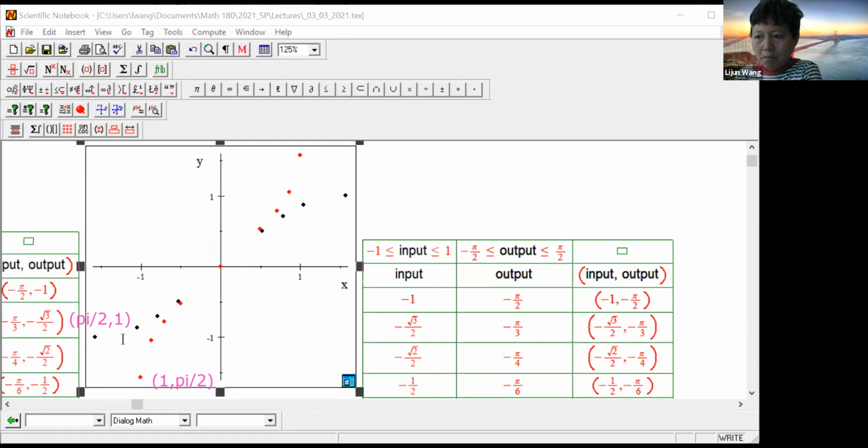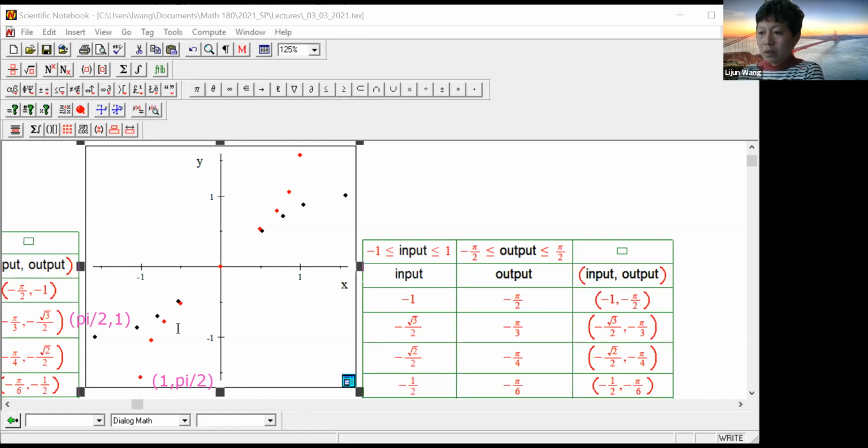Yeah? So I want you to mark each pair to see how those input output are swapped. That is the inverse, reverting input and output. And the new function is still a one-to-one function.